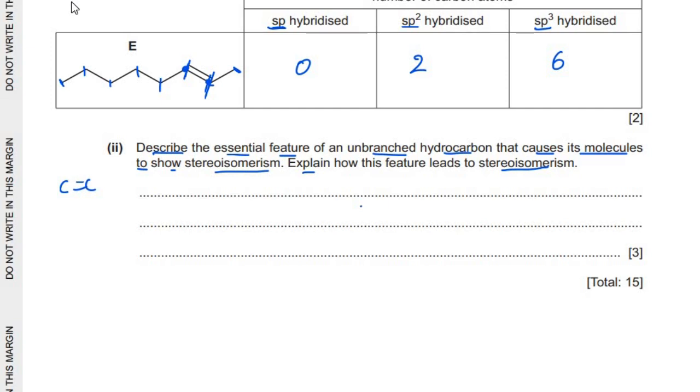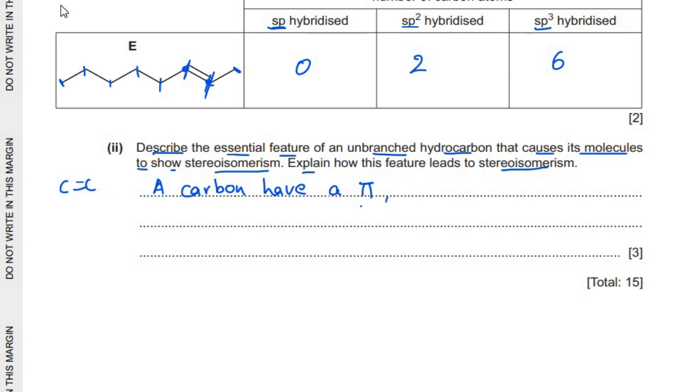Now geometric isomerism is possible only when a carbon has a pi bond. A pi bond means you can understand that there is a sideways overlap of p orbitals. Because of that, the rotation around that carbon is limited, in the sense that the bonds or the orbitals around the carbon cannot move that easily.